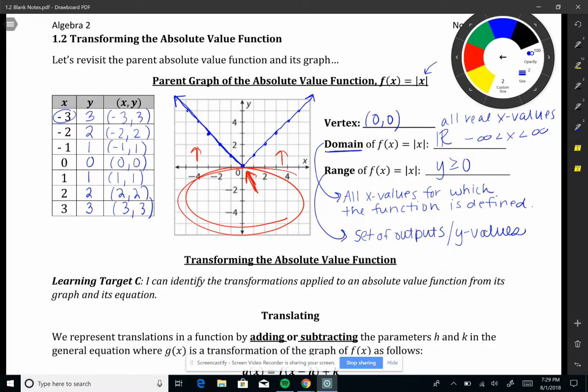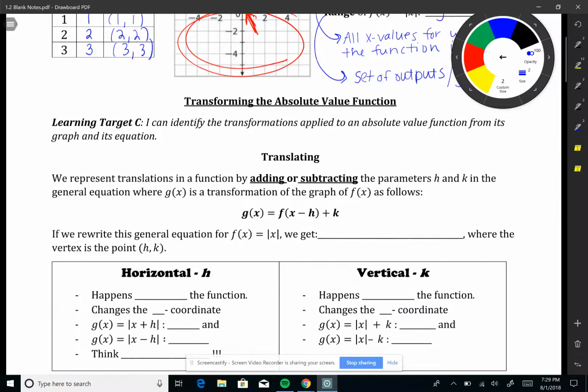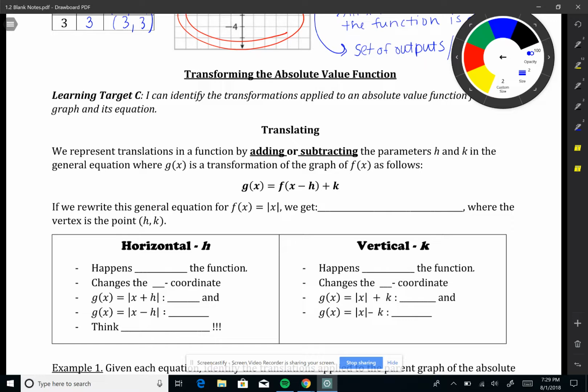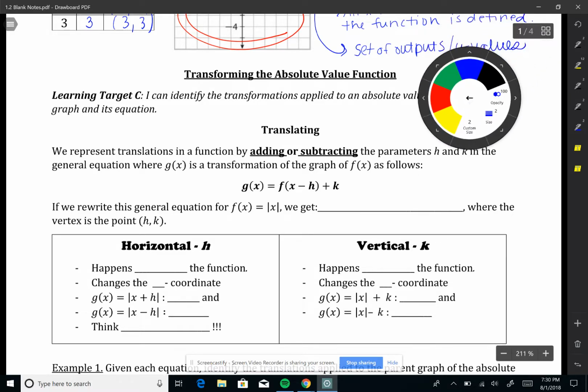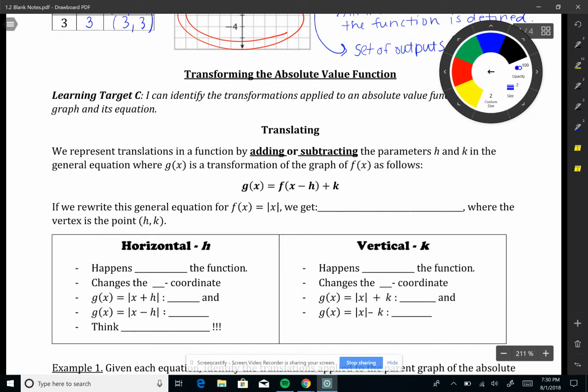Okay, we're going to move on to translating, our first transformation, but our learning target is encompassing all of our transformations. I can identify the transformations applied to an absolute value function from its graph and its equation. Okay, so translating.